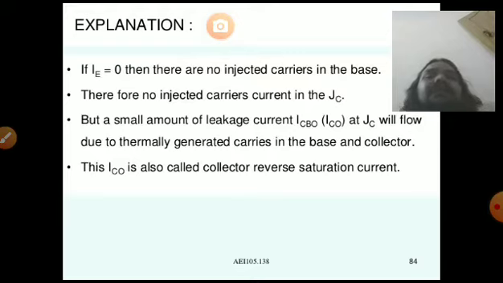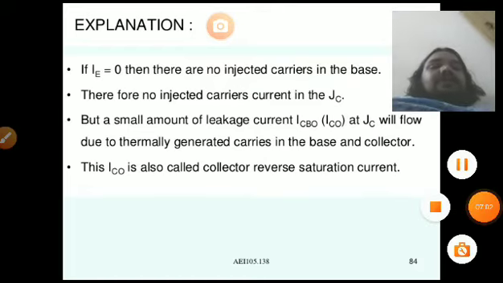Therefore, no injected carrier current in JC, but a small amount of leakage current ICO at JC will flow due to thermally generated carriers in the base and collector. This ICO is also called the collector reverse saturation current.